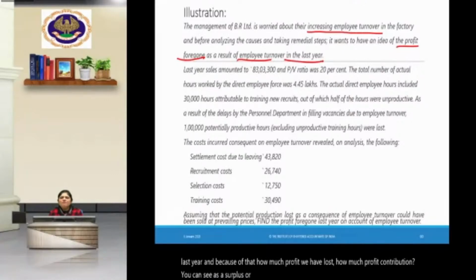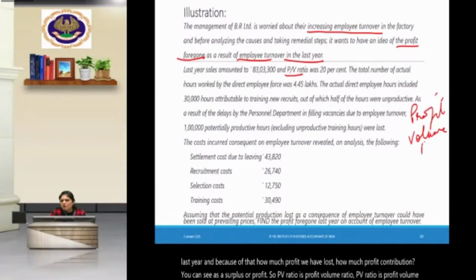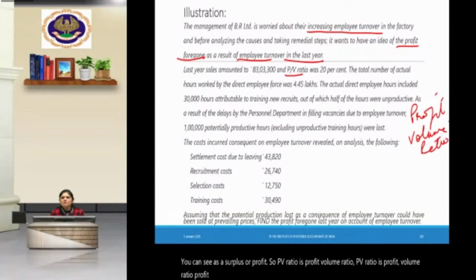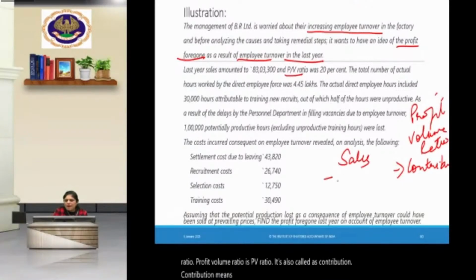PV ratio is profit volume ratio. Profit volume ratio is also called contribution. Contribution means sales minus variable cost.